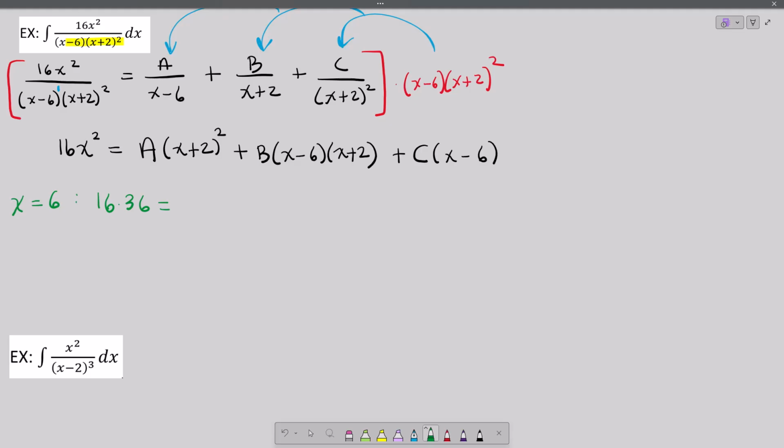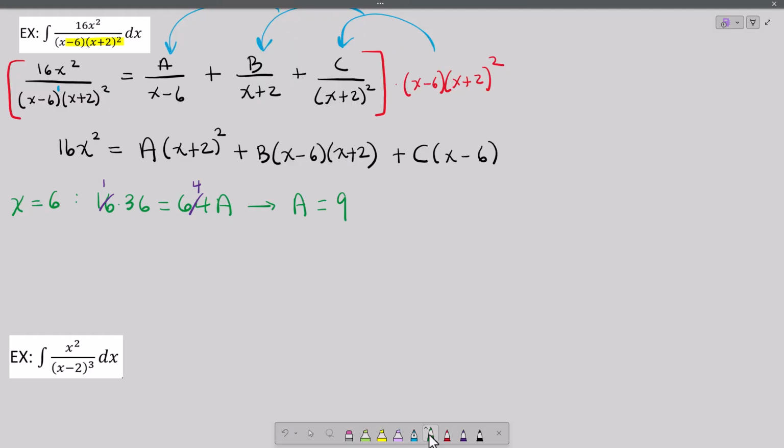So we plug in the 6 right here, and 6 plus 2 is 8, so we're going to get 64a. Everyone agree with that? Then we can divide out this 16, goes in once, 16 goes in there 4 times. So what is a going to equal? Divide by 4, and a is 9. A is 9?